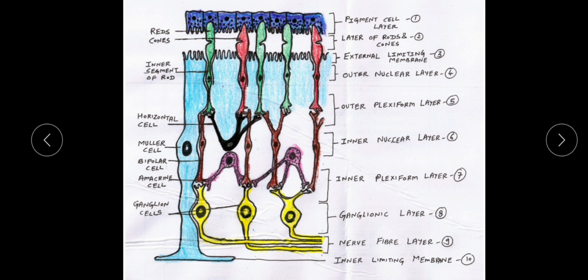Now when you see the actual microscopic slide of the retina, you have to remember that this first layer, the pigmented cell layer, is not seen in that slide. Never mention the pigmented cell layer in a viva when you are examining the slide, because this pigmented cell layer is firmly attached with the choriocapillary layer of the choroid by Bruch's membrane.